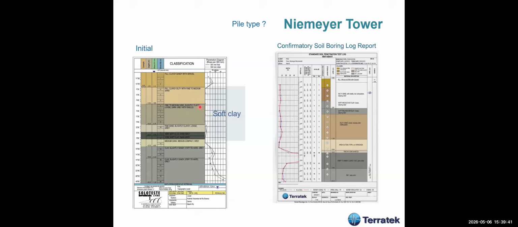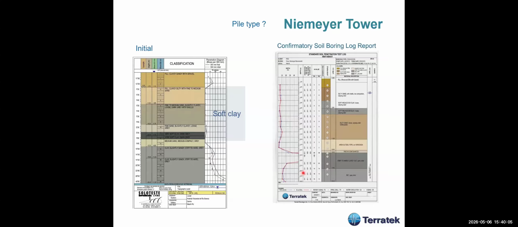And why? Because if you have deep soft clays, for small loads, that's the way to go. However, when I received this borehole log, I could design something totally different, which was a CFA pile, which was much cheaper.